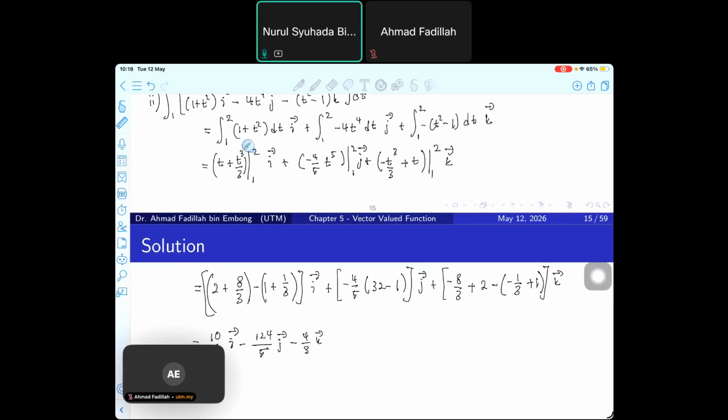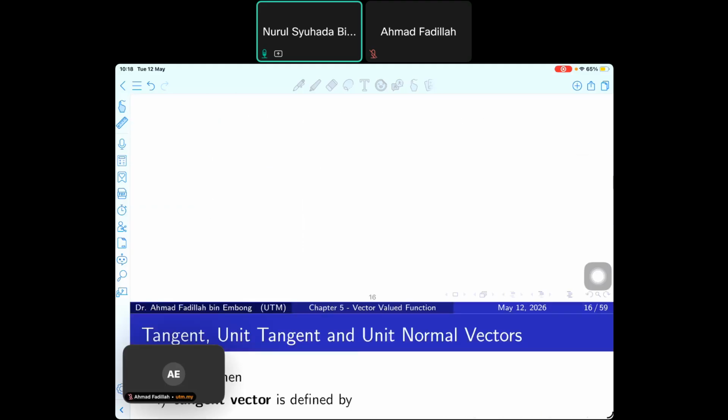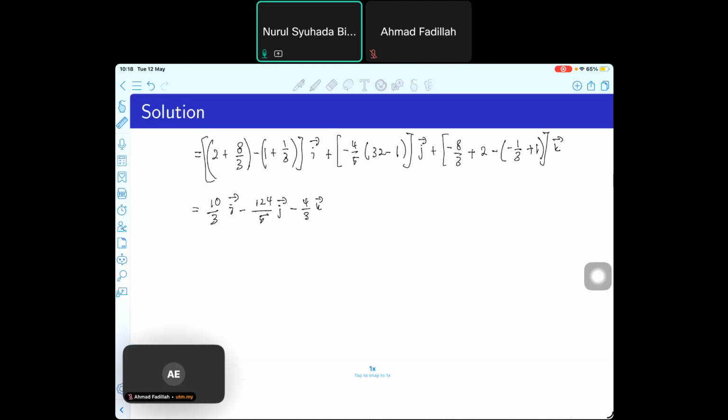Substitute the value of 2 into t first, and then subtract the substitution of the value of 1 into t. So we have the i component, j component, and also kth component here. You can double check my calculation, and the final answer is given by the following. You can always pause the video and try to do it on your own. Okay, so we are done with the integration.